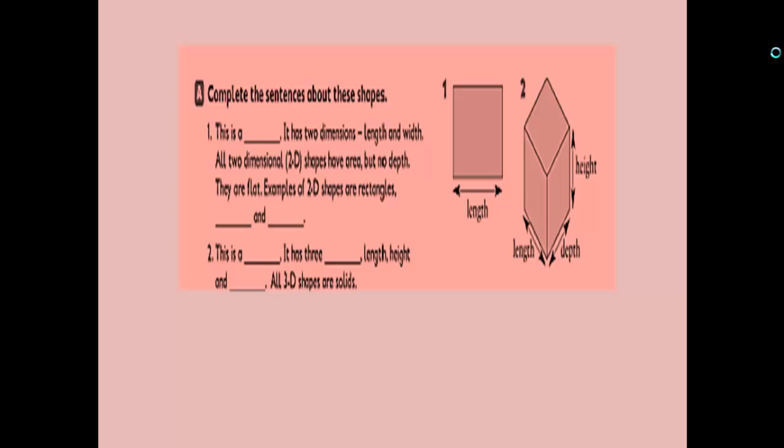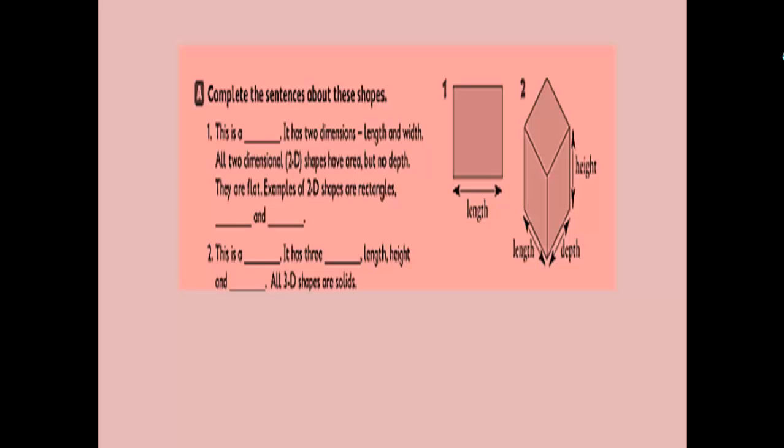After talking about the flat shapes, let's go to the second one. The second shape is on the right. This is a, what is this, my dear student? Is it a square? No, it has 3 dimensions. So here this is a cube.